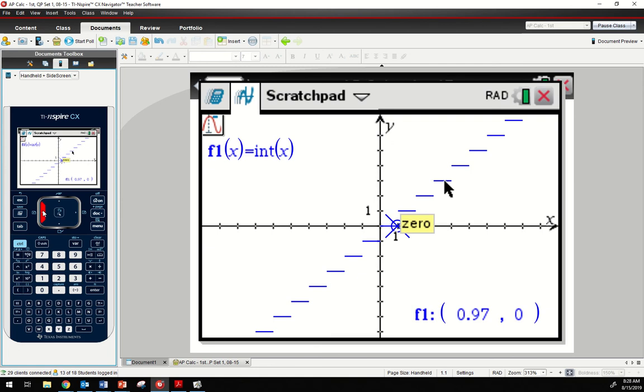Both left and right hand side has to go to that. So that goes to 0. If you look at my decimals here, they keep getting closer and closer, right?